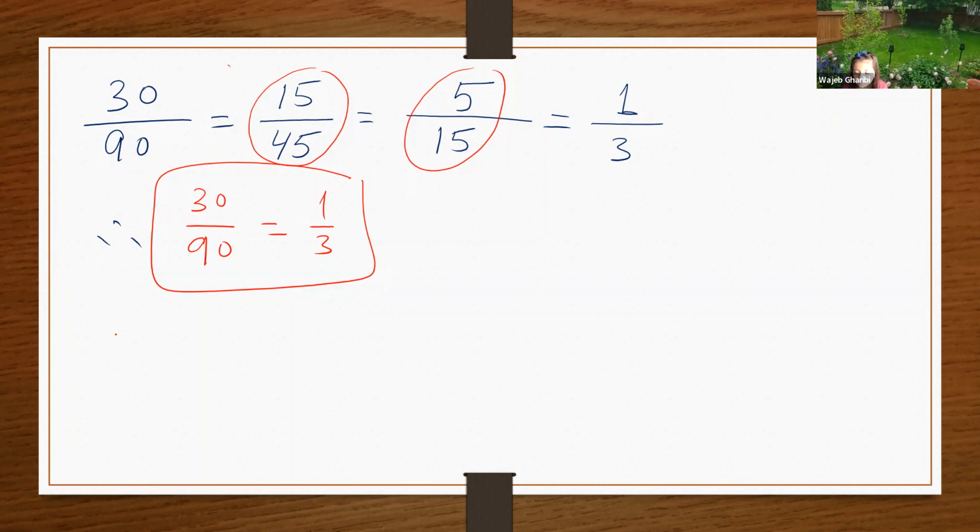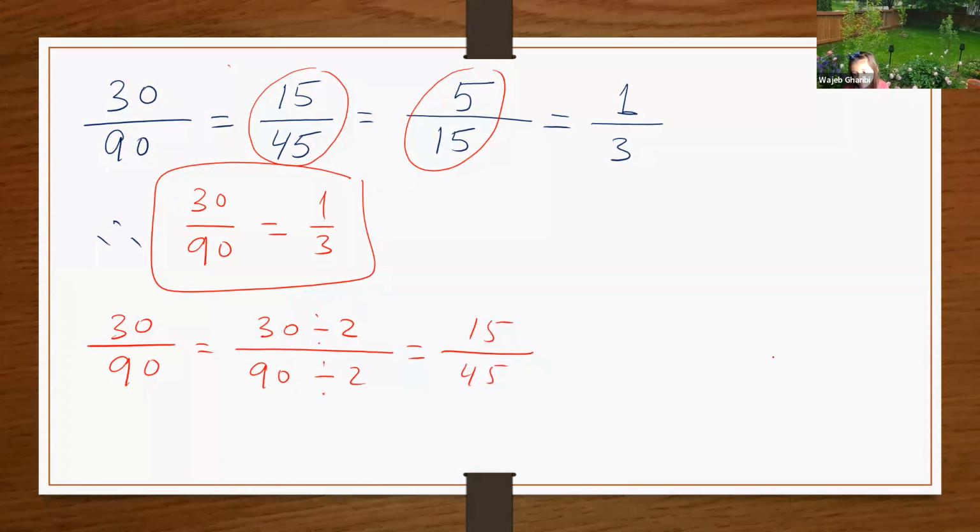So Maria, 30 over 90, we first divided by 2, and we got 15 over 45. And now 15 divided by what? By 3, and 45 divided by 3. 15 divided by 3 is 5, and 45 divided by 3 is 15.